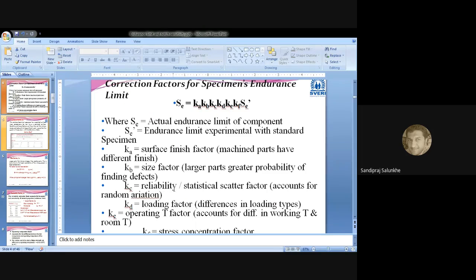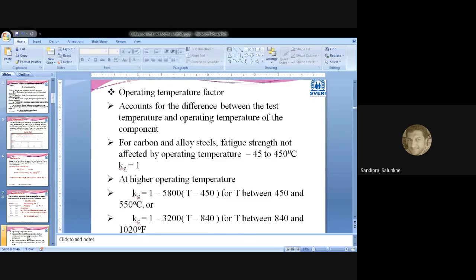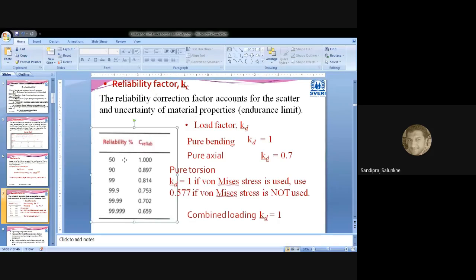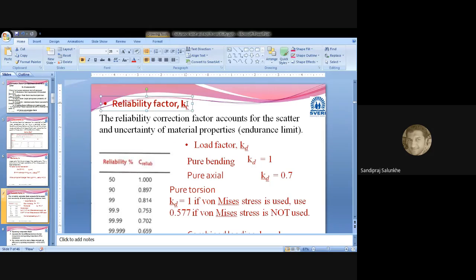Kc is the reliability factor, kb is the size factor, and kd is the load factor. Now from here you can only consider the reliability factor which we can use. Now this is for the kd actually, the load factor.